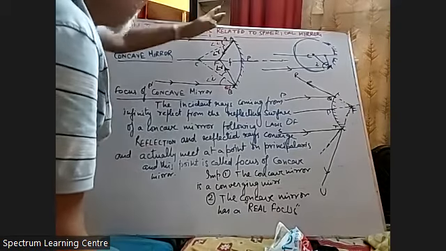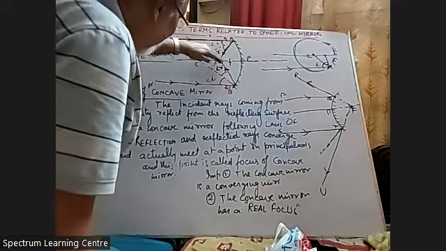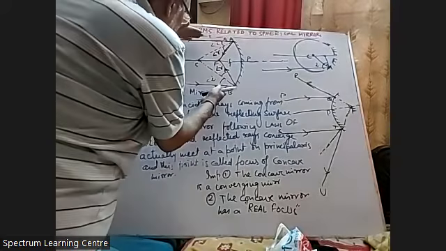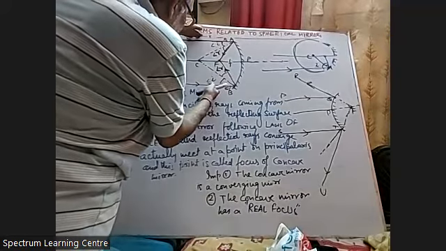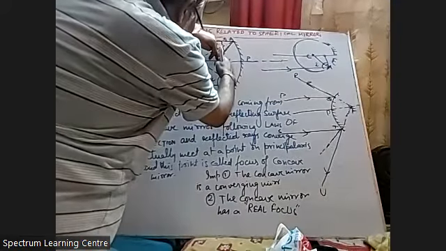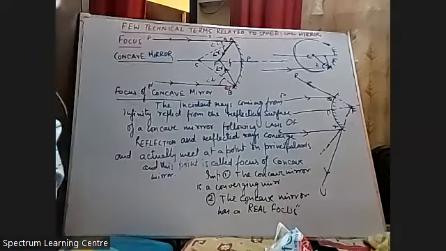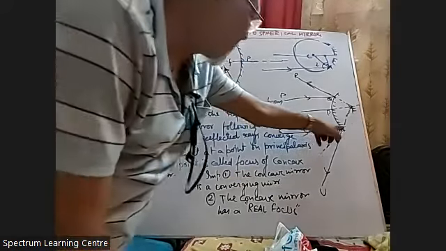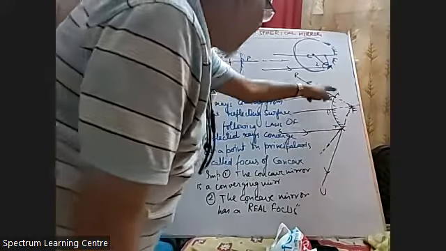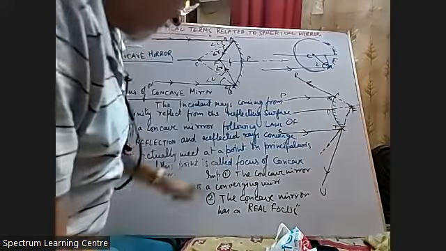Clear? Since the rays are becoming closer to each other, this is known as a converging mirror. On the other hand, you can see this mirror is a diverging mirror, right?